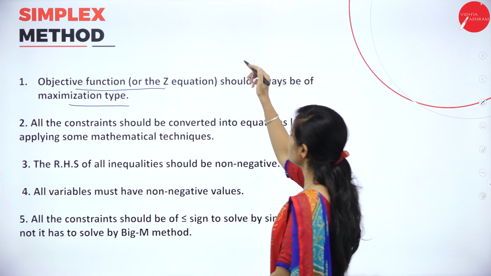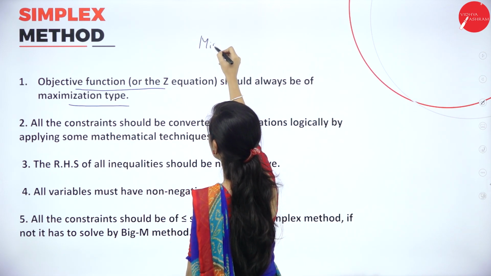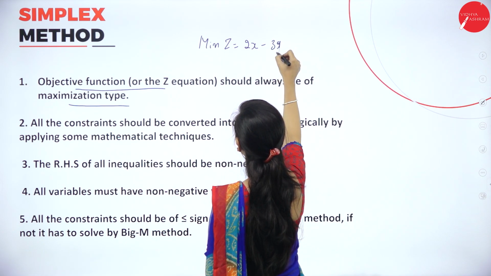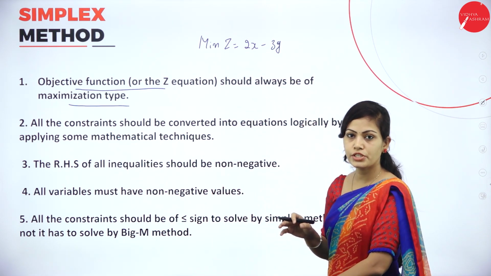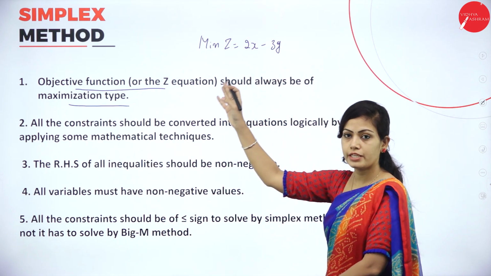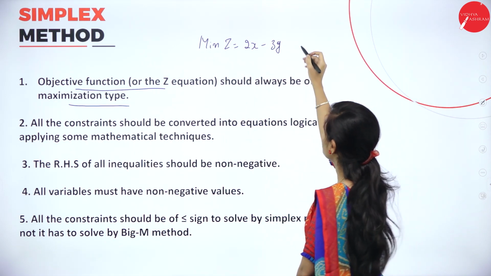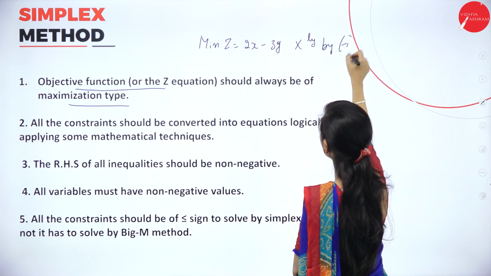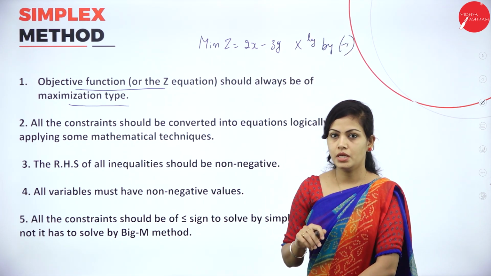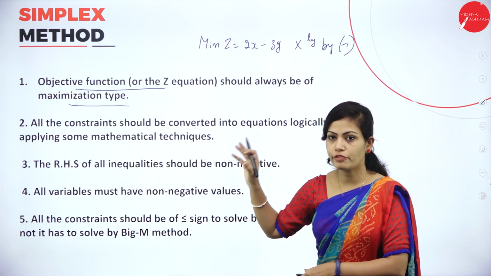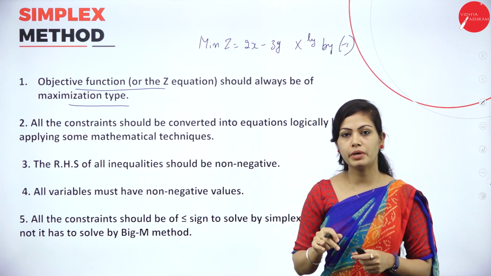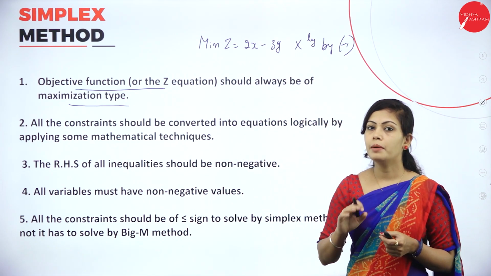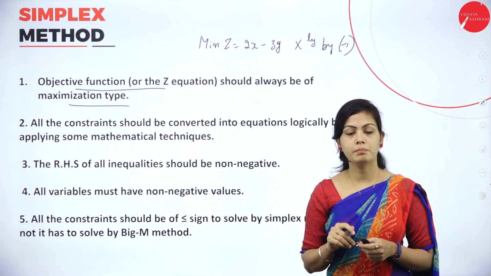If you get a minimization type, you need to convert it into maximization by multiplying the equation by -1. So all objective functions should be maximization; if you get minimization, multiply by -1.